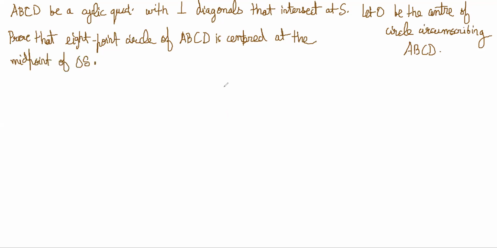So let's try to think about what is happening. We have a cyclic quadrilateral with perpendicular diagonals. The figure is very small, but let's first draw a circle.